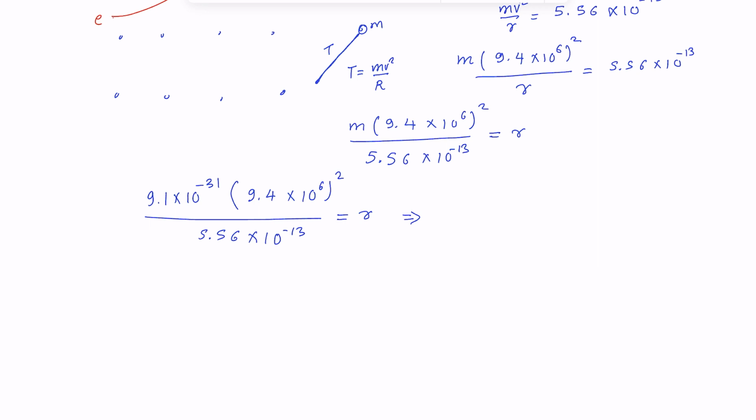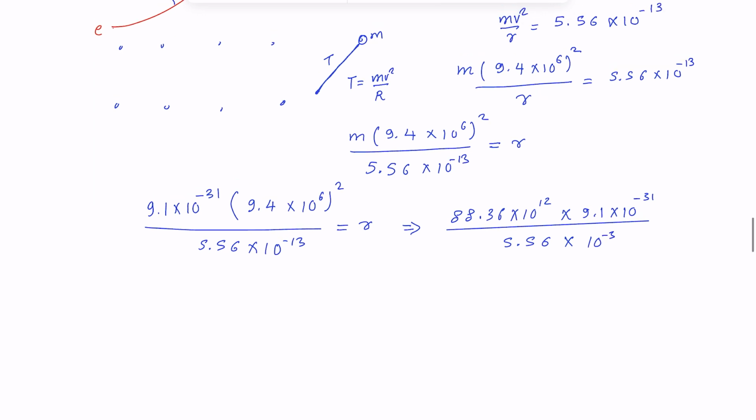Part of the process. 9.4 times 9.4 is 88.36 times 10 to the 12. I know you guys have much better calculators than me, but you've got to work with what you have.